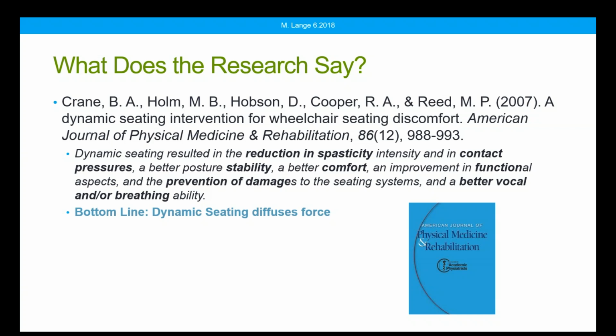So reduce the intensity of that spasticity and also reduced contact pressures. Again, instead of the client's force encountering a static surface and building, it's diffused. The clients had better postural stability, better comfort, and improvement in functional abilities. They noted there was less damage to the seating system and better vocal and breathing ability, which was interesting as well.